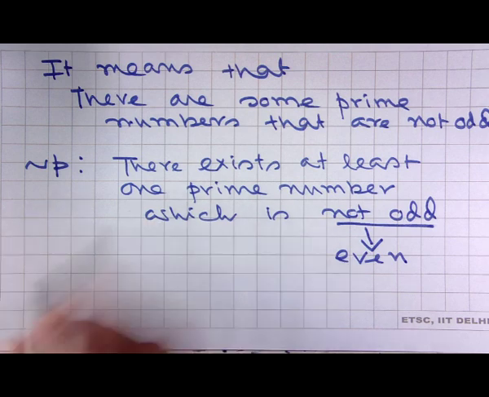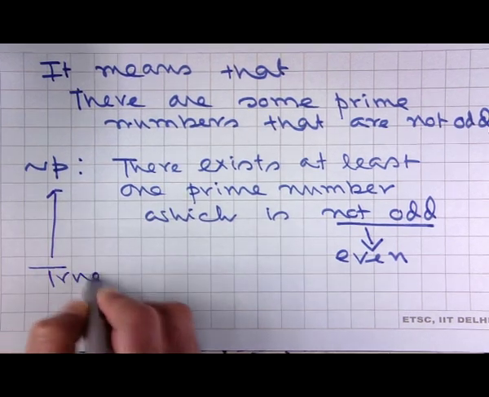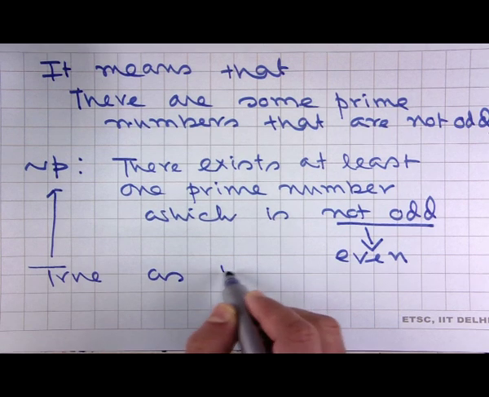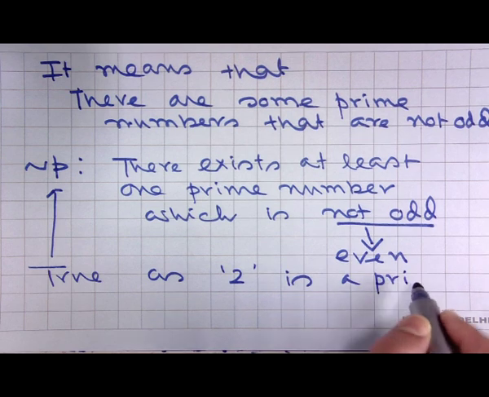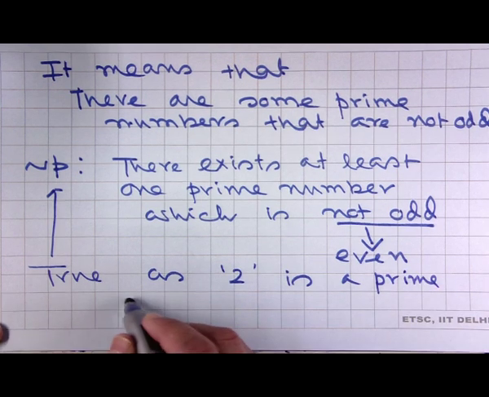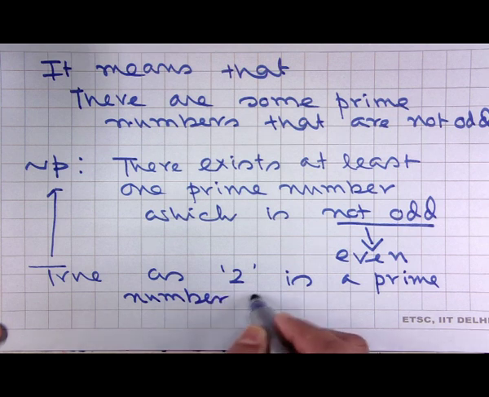Therefore, we know that not p is true, as 2 is a prime number which is even.